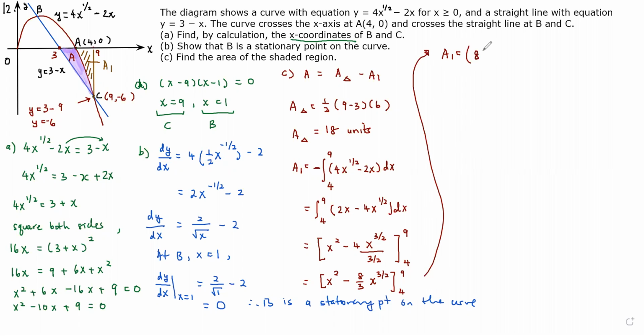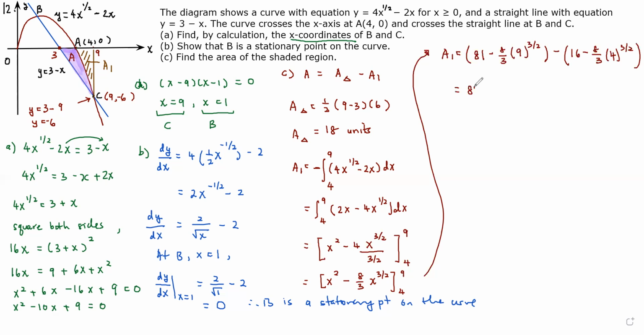That will give us 9 squared, which is 81, minus 8 over 3 times 9 to the 3 over 2. Minus, now we replace x with 4. 4 squared is 16, minus 8 over 3 times 4 to the 3 over 2.